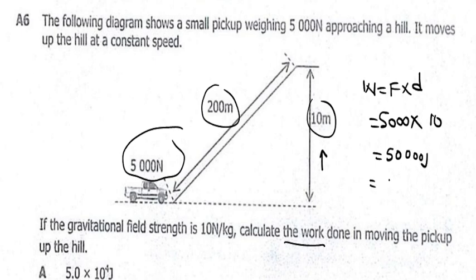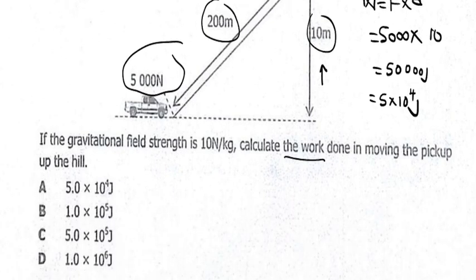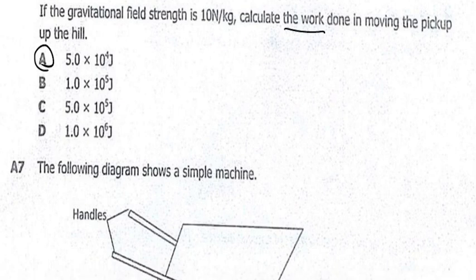In standard form, 50,000 joules is the same as 5 times 10 to the power positive 4 joules. So you check what is there. It means answer choice A is the correct option for question number 6. Therefore, proceed, move on to question A7.